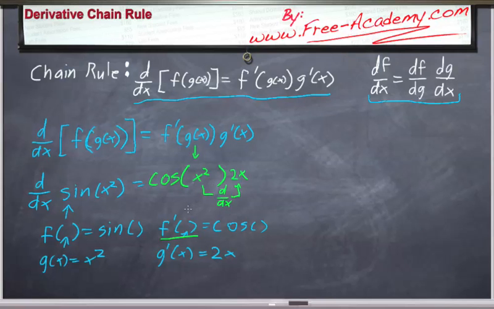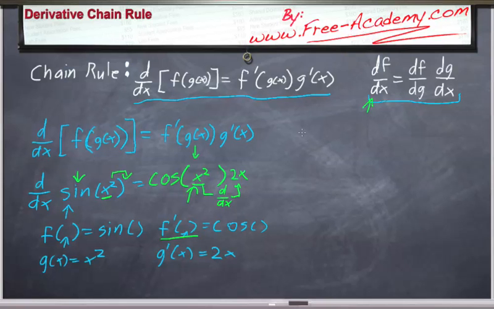So the derivative of sine of x squared is equal to the cosine of x squared times 2x. We've literally taken the derivative of the outside and then multiplied it by the derivative of the inside. And the important and functional thing is when you do this, that your argument stays the same from one equation to the other.